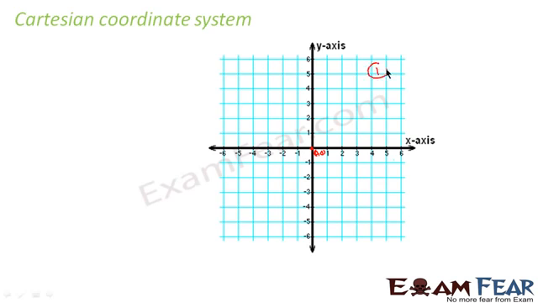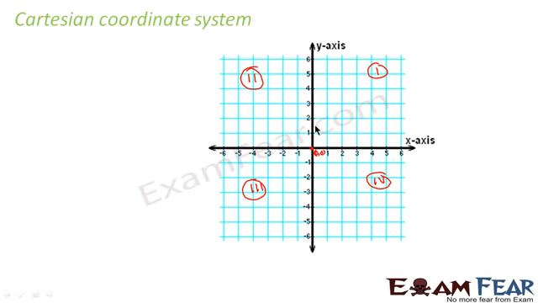If you see, the whole graph is divided into 4 quadrants: 1, 2, 3 and 4. This is called the first quadrant, this the second quadrant, this the third quadrant, and this the fourth quadrant. So there are four quadrants in the Cartesian coordinate system.